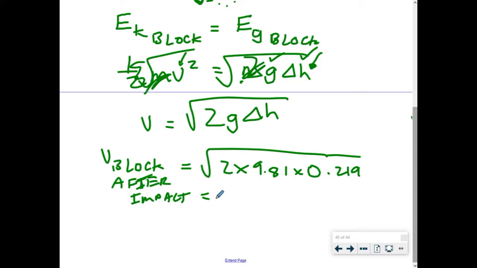Okay, and when you square root the whole thing, I got 2.07. I like to put dots afterwards just to remind me that that's an unrounded number. So I want to save that number for future calculations. But that's the speed of the block right after impact.